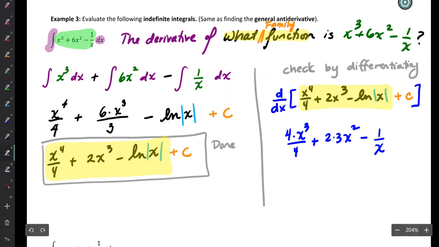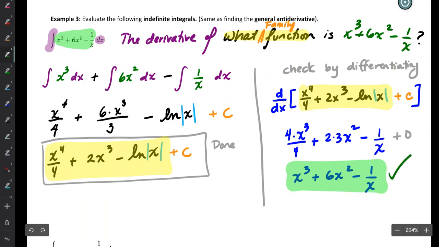And the derivative of a constant is 0. Simplifying here, we've got 4/4, which is 1 times x cubed, so we've got x cubed, plus 2 times 3 is 6 times x squared, minus 1 over x, and lo and behold, the derivative of yellow plus c was in fact green. Check. We did great.